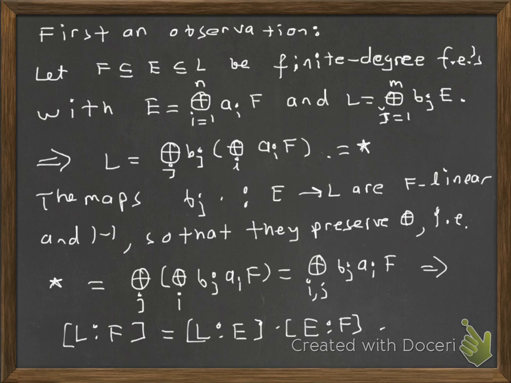So being one-to-one, multiplication by BJ preserves directness of sums. That means BJ's jump over the direct sums. So we have this. And there are as many as m times n pairs of IJs, which yields this equality as desired.